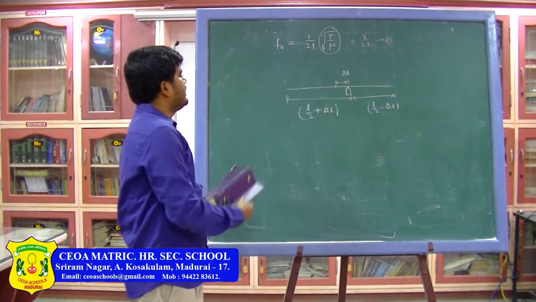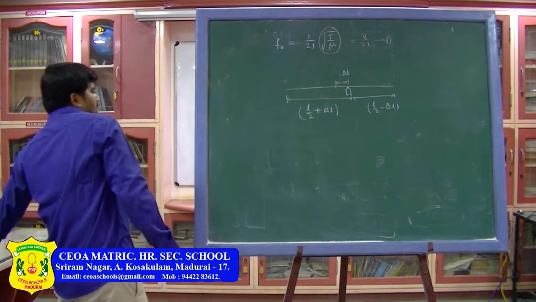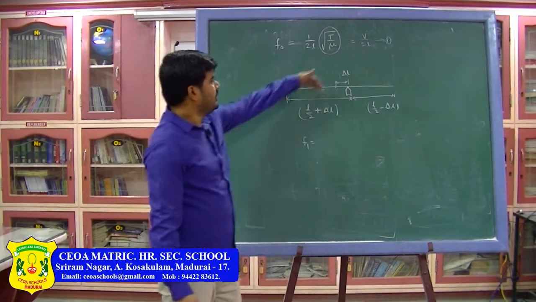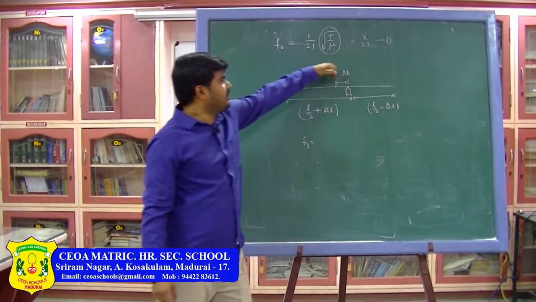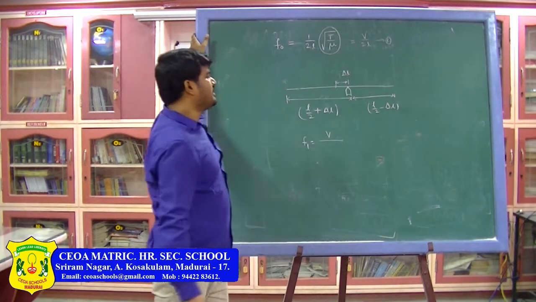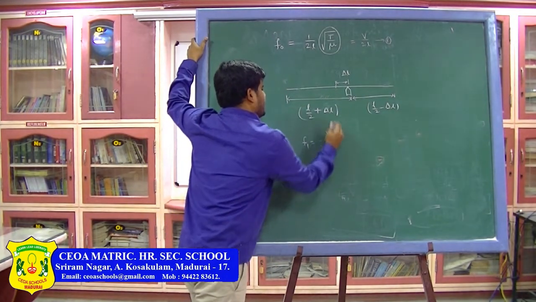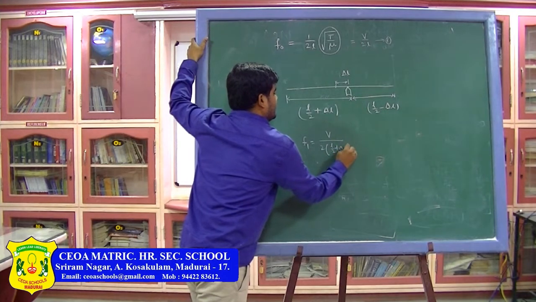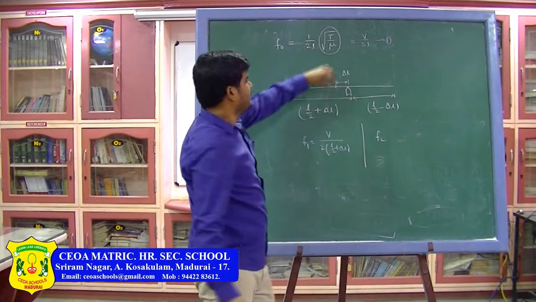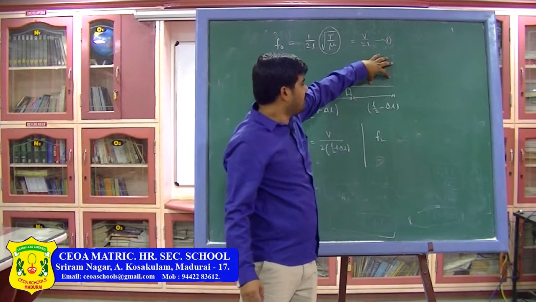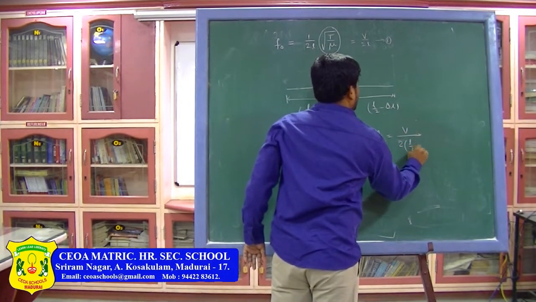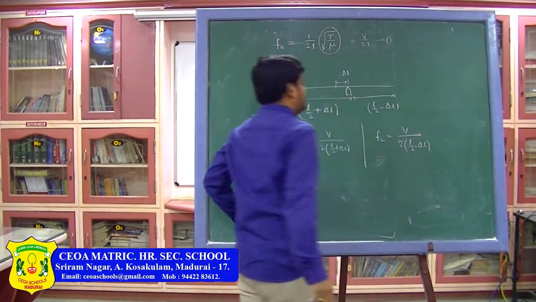First, in the fundamental mode, the frequency of vibration of the wire to the left of the bridge is F1 equals V by 2 times the length of the wire, that is L by 2 plus delta L. For the wire to the right of the bridge, in the fundamental mode, the frequency F2 is V divided by 2 times L by 2 minus delta L. These are the frequencies.